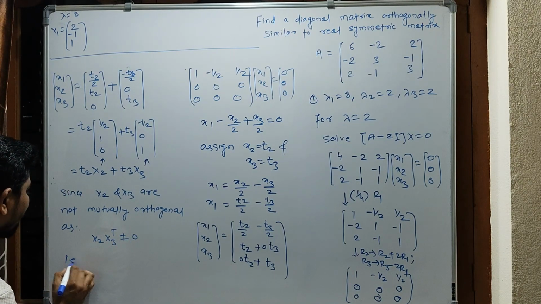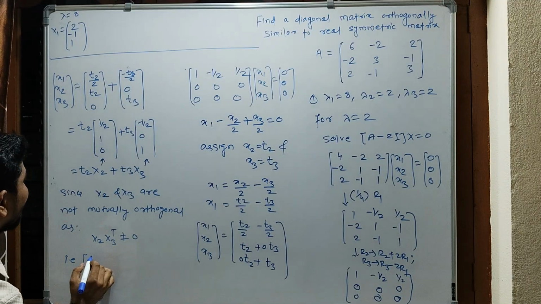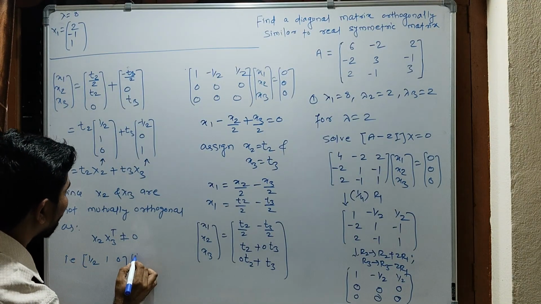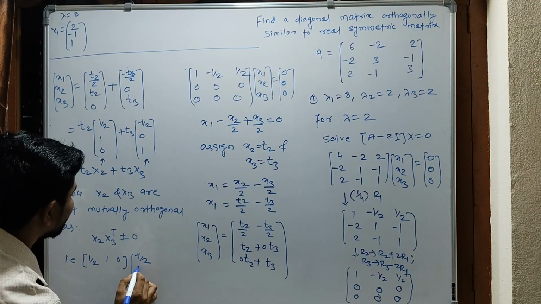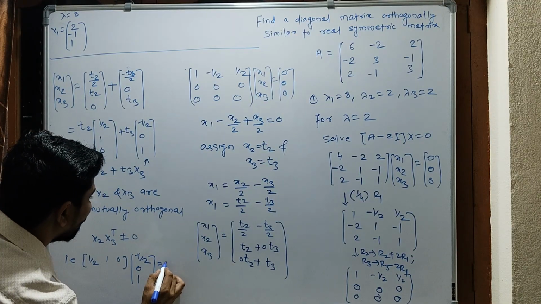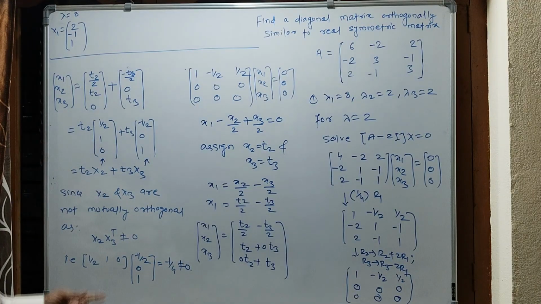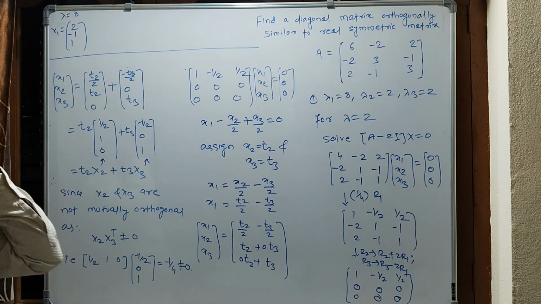That is, x2 transpose is 1 by 2, 1, 0, and here minus 1 by 2, 0, 1, which is equal to minus 1 by 4, which is not equal to 0. That's why these two vectors are not mutually orthogonal.